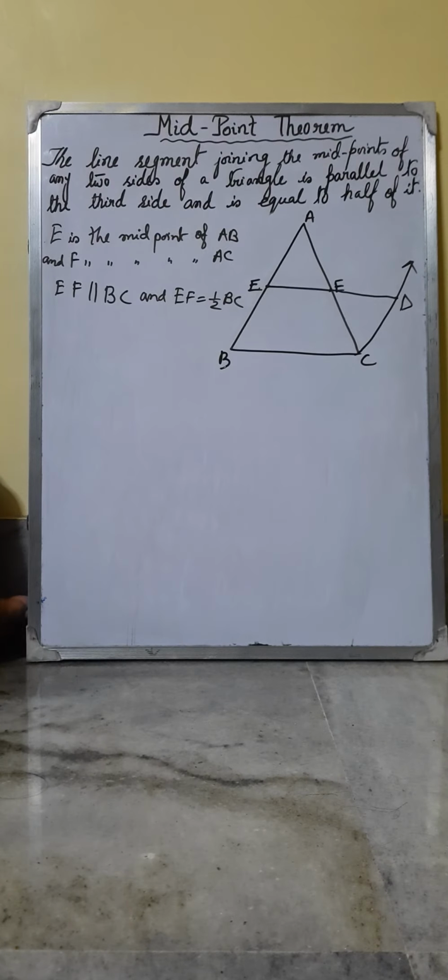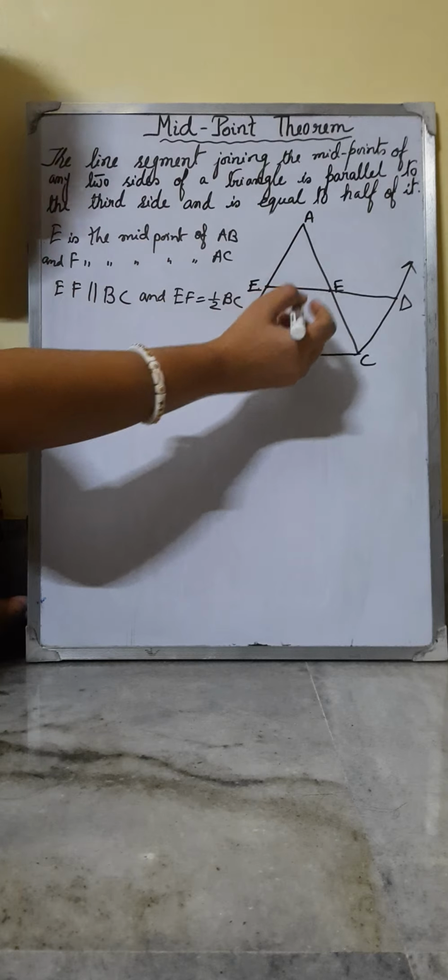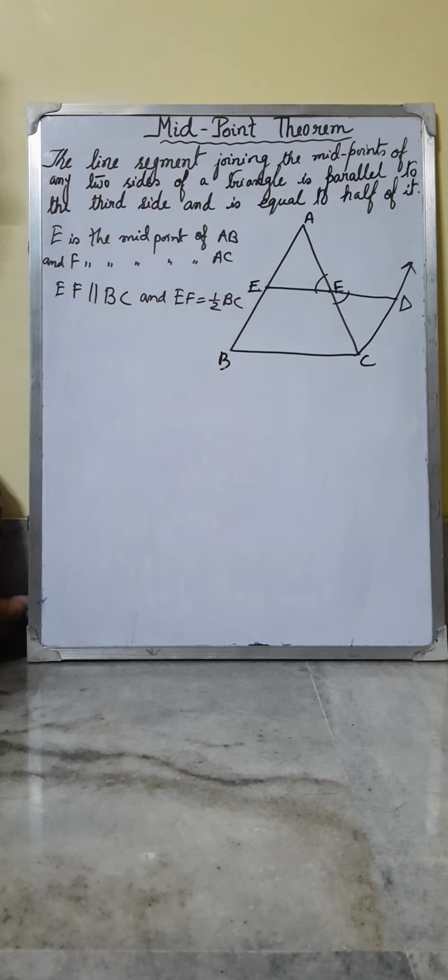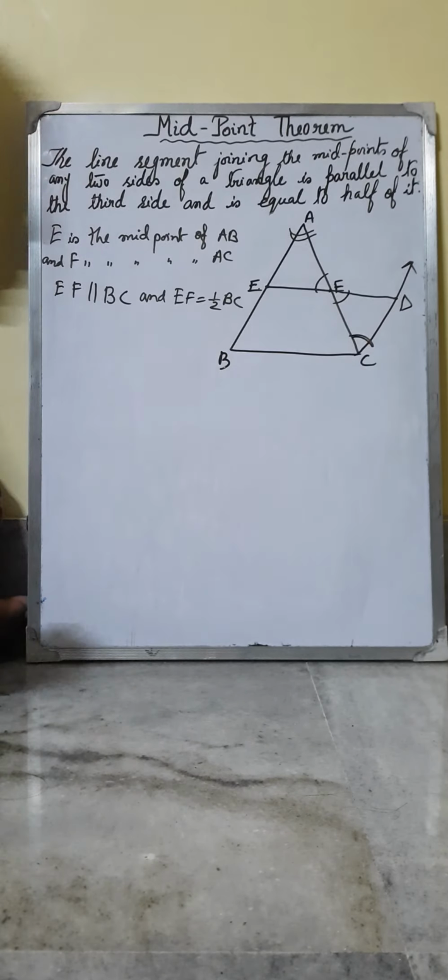By this construction, we get two triangles, and this angle equals to this angle because they are vertically opposite angles. This angle equals to this angle. Why?